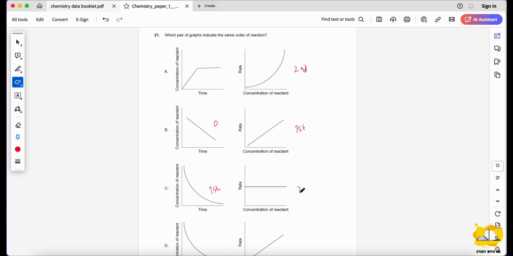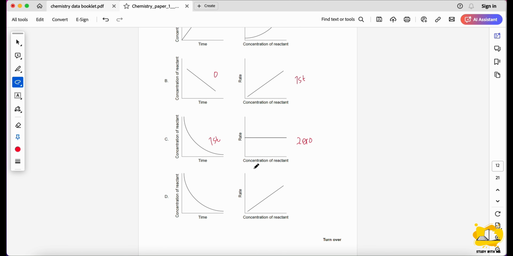This one will be zero order if it's concentration of reactant versus rate. And this one will be first order, and this will be first order as well. So the answer will be D. We just need to be careful when you see the labeling for the x-axis and y-axis, because they are different, they're not the same.